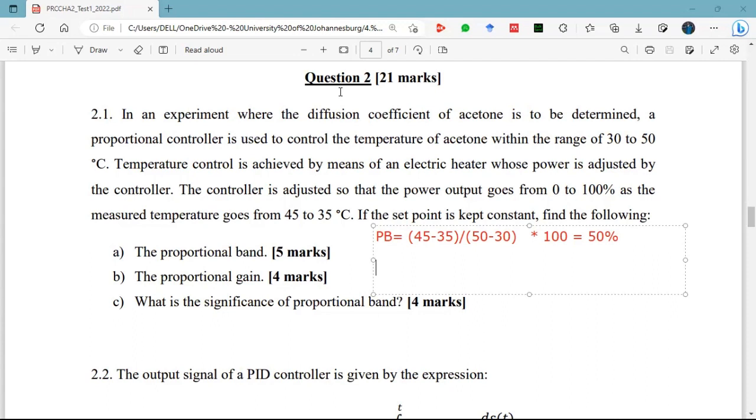But for this question, you wouldn't need that because you don't have that information. So you opt for a formula where you say KP is equal to 100 over PB, right?